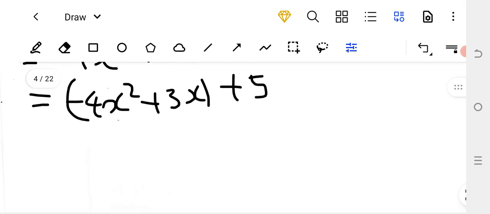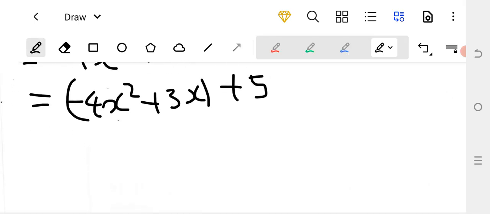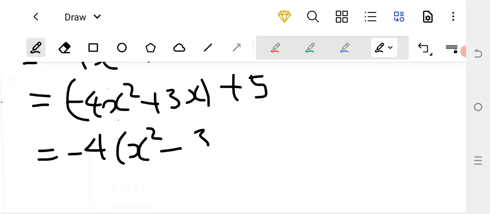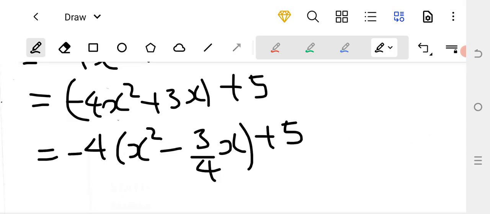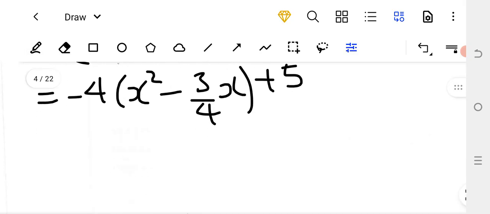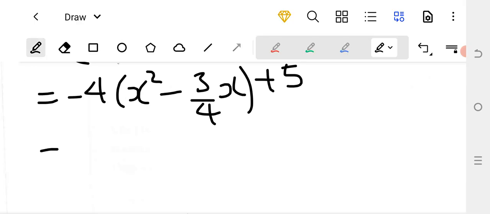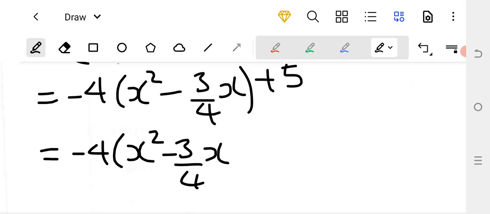Then you make sure that the one having x squared is factored out. If there's a number in front of x squared, or if there's a sign in front of x squared, you factor it out. So it's going to become negative 4 multiplied by x squared minus 3 over 4x, plus 5.